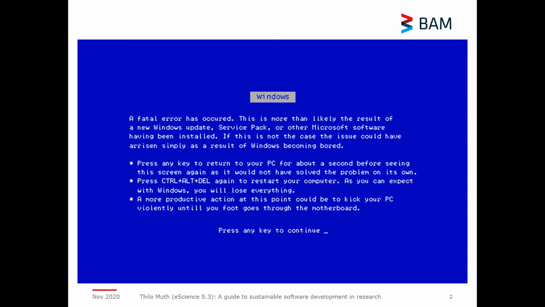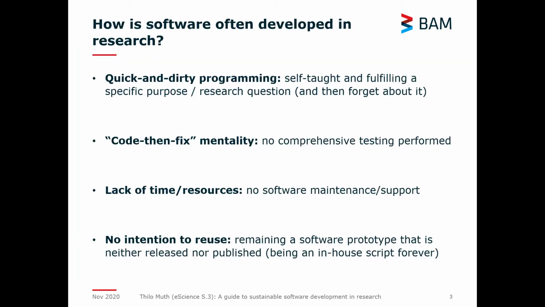But what's the case in research? In research, you actually find many of these problems or bugs still in software tools. And why is this the case? Well, there are some aspects to that. One is that research software is developed in a quick and dirty programming manner.